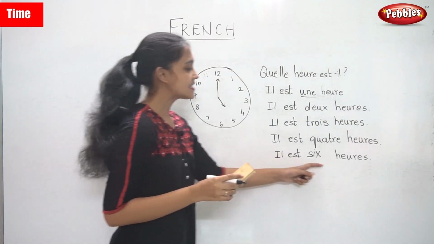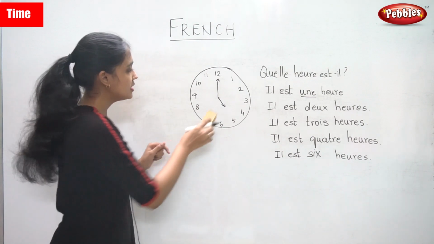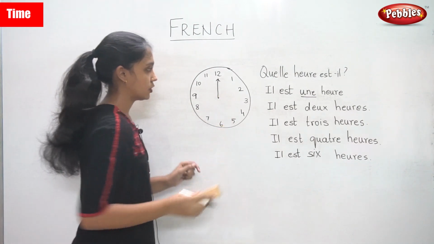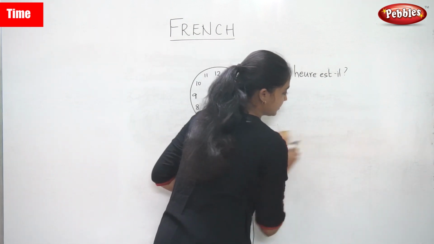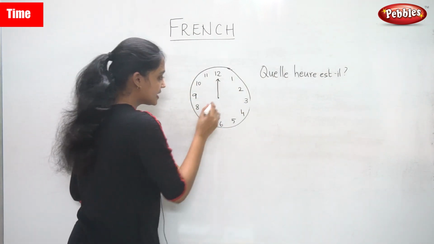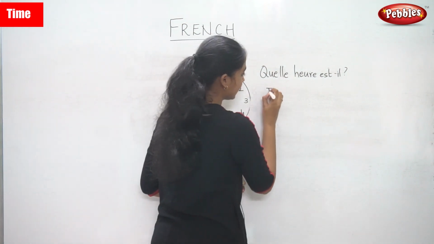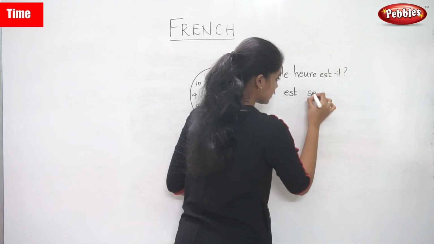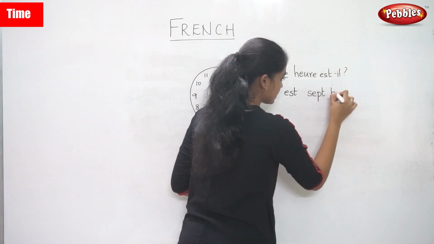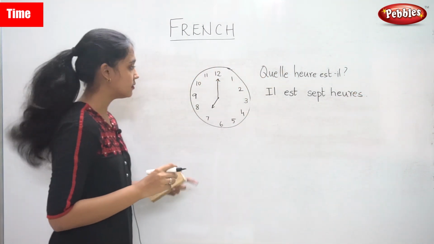Il est 6 heures. That was 6 o'clock. Now moving on to the next one, 7 o'clock. You would say il est 7 heures.